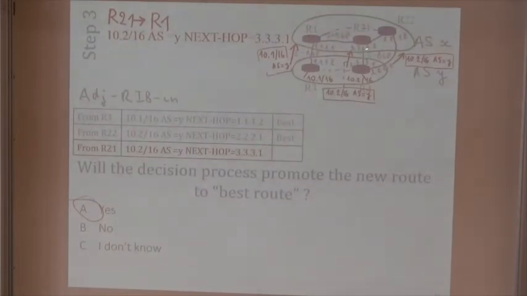The next hop is this or this. It's the shortest distance inside the domain X, because as we said before, the next hops have to be treated as internal to a domain. Now, I don't know exactly what the distance is, but if OSPF gives the same weight to those two links, well, in any case, this must be shorter than this one because there's only one path and it goes via R21.